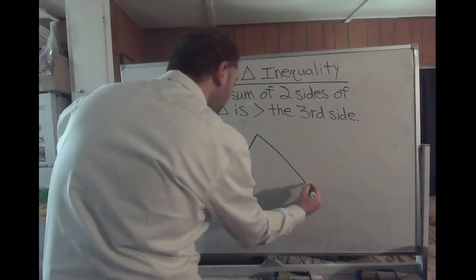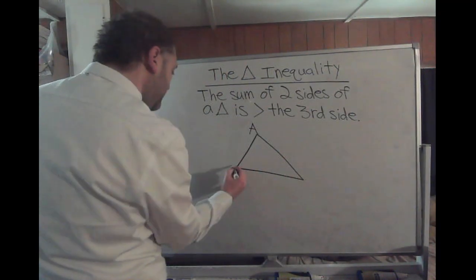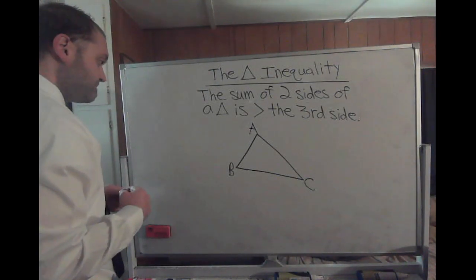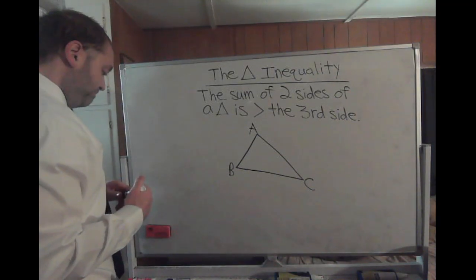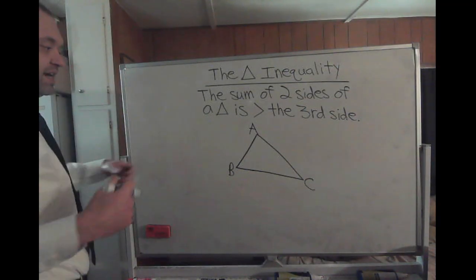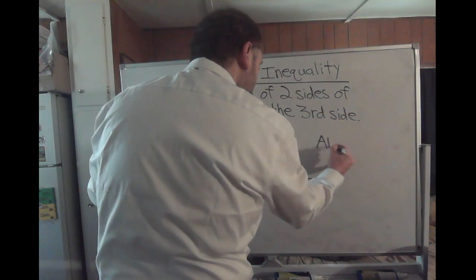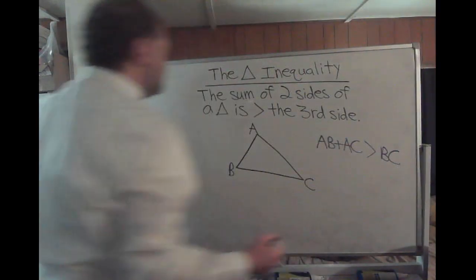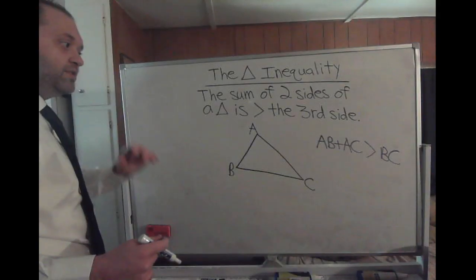So let's draw a triangle here for this. A, B, C. We have triangle ABC. So what this is saying here is, for example, you take side AB plus AC, so side AB plus AC would be greater than side BC by itself, because the sum of the length of two sides of a triangle is greater than the length of the third side.